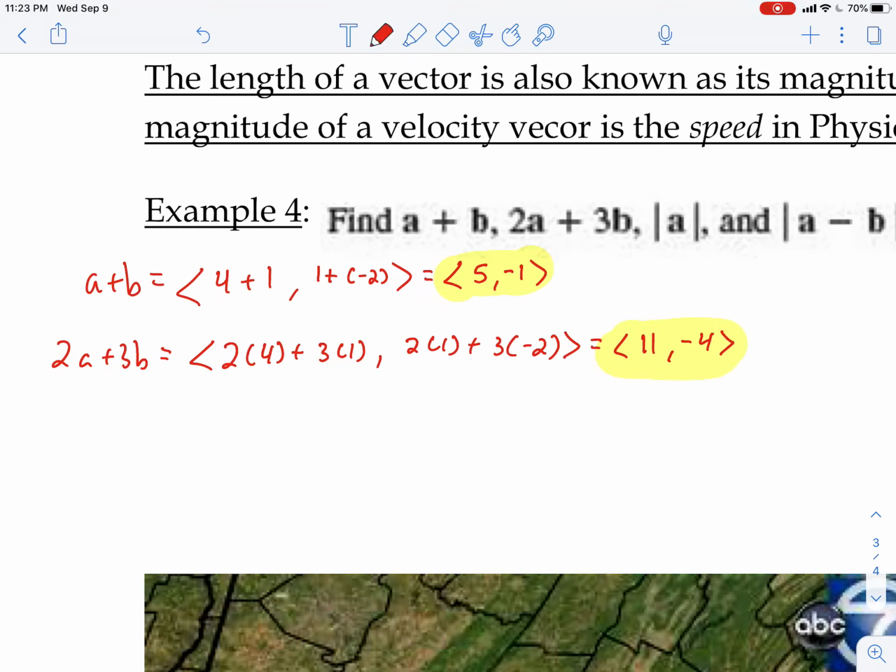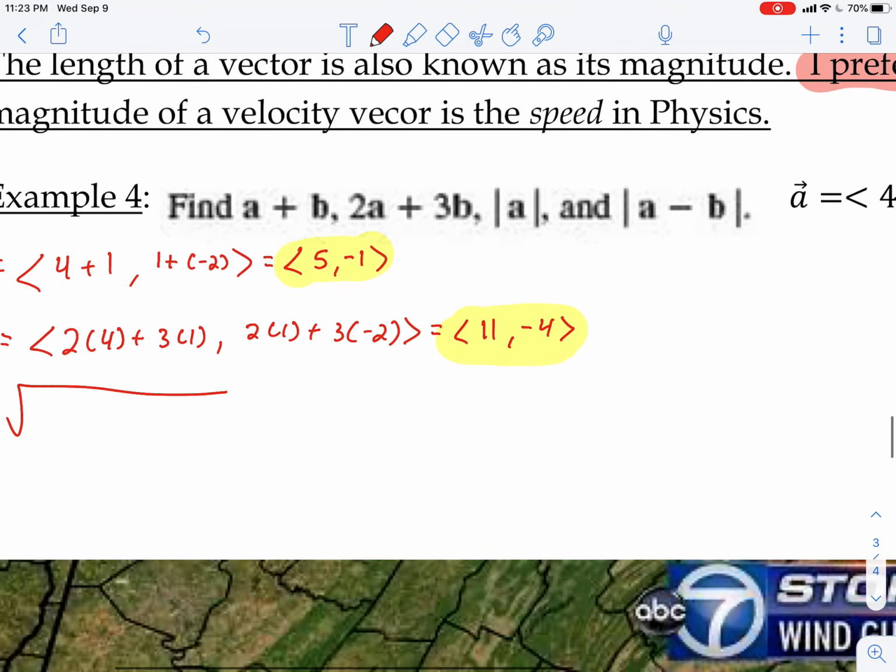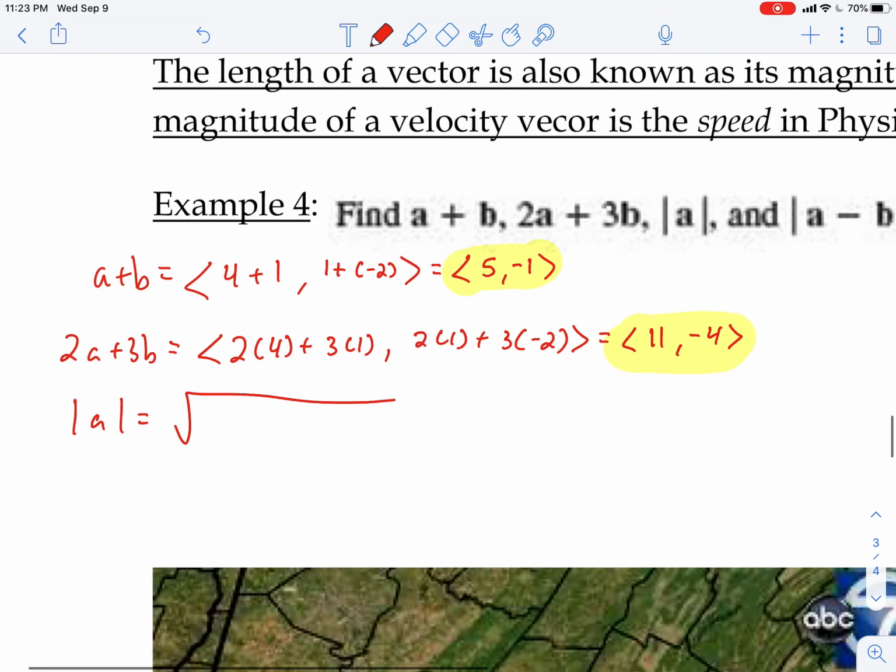Alright, next we're going to find the distance or magnitude of A. So I'm just going to take the square root and all my values for A and square those and take the sum of that. So 4 squared plus 1 squared.